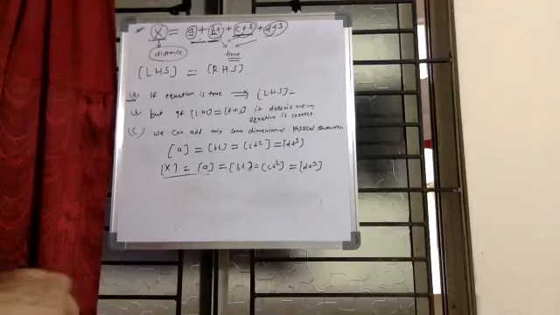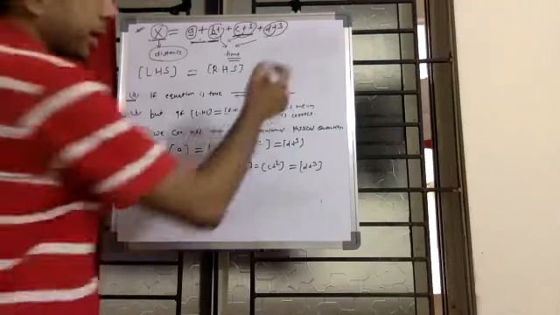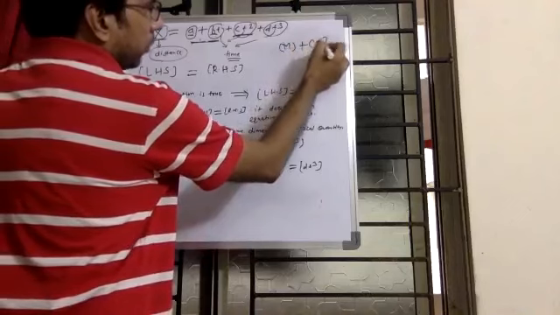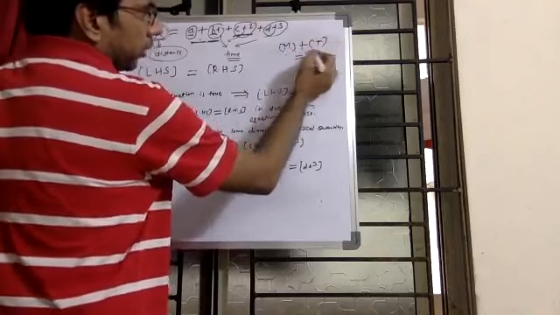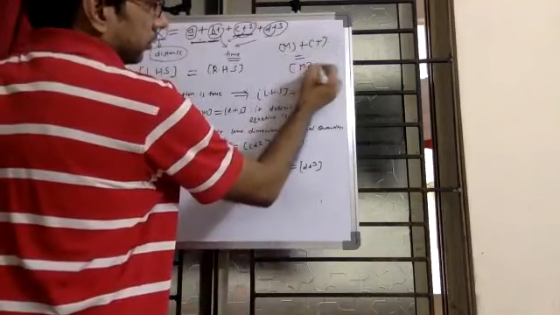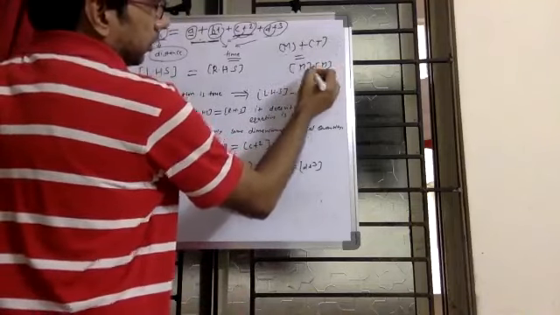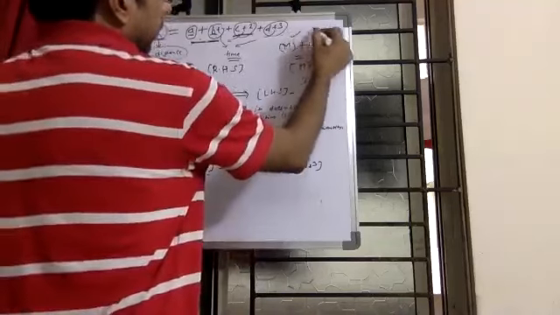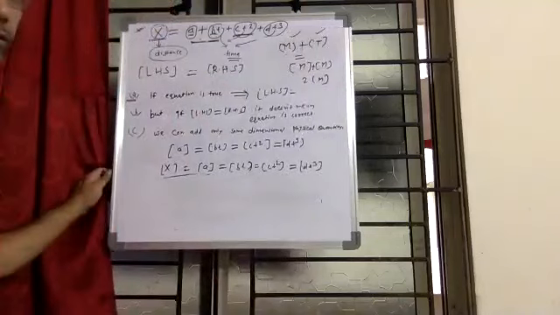If we are adding, suppose, mass with time, what will be the result? We don't know that. We cannot add mass and time, but we can add mass and mass, right? Suppose it will become 2 into mass, but mass and time we cannot add. Agree on that?